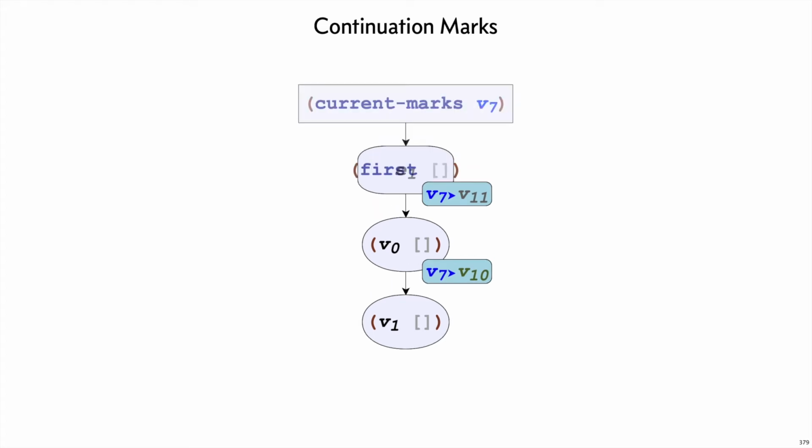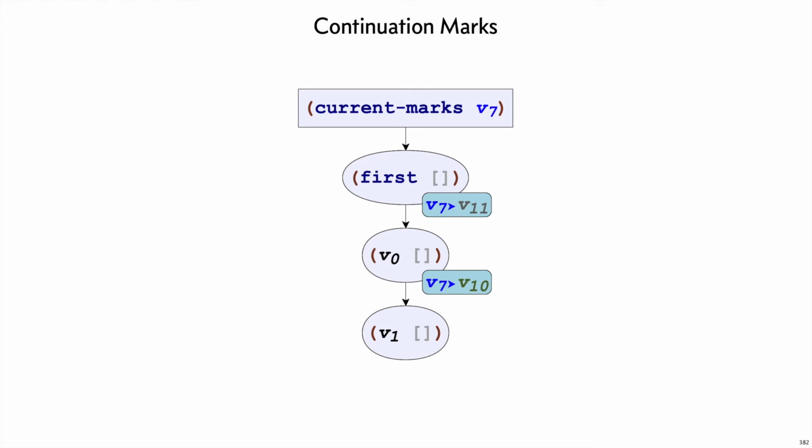As the computation proceeds, we might reflect on that history using current marks. It takes a key like v7, looks in the continuation to find all the uses of that key, and produces a list that has all the values associated with that key. If the current marks frame here had its own continuation mark mapping v7 to v12, that would make v12 included in the list as well.